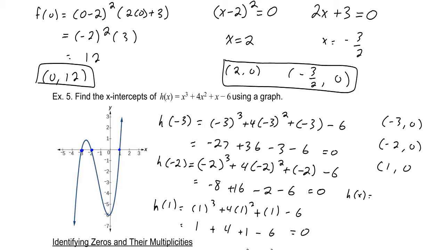Actually, let's put that right here. We could go ahead and write h of x equals x plus 3, x plus 2, and x minus 1, because of those 3 solutions that we have.